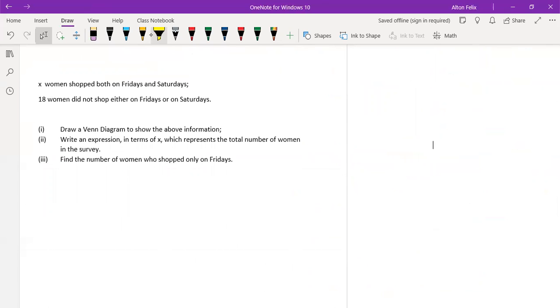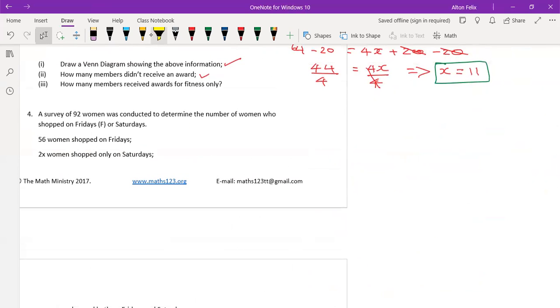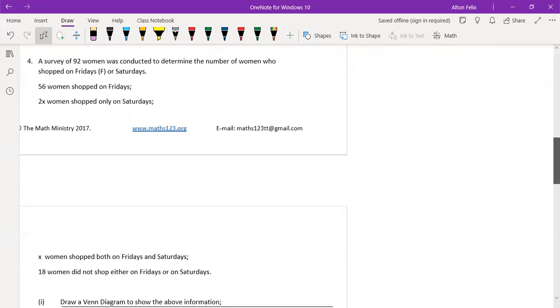Right, so it seems as though we only got 4 questions to work on today. So let's see what this question says. A survey of 92 women was conducted to determine the number of women who shopped on Friday or Saturday.